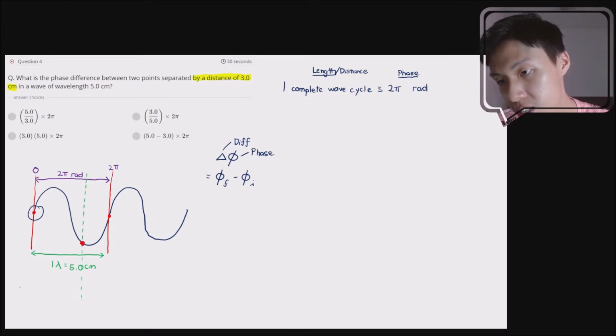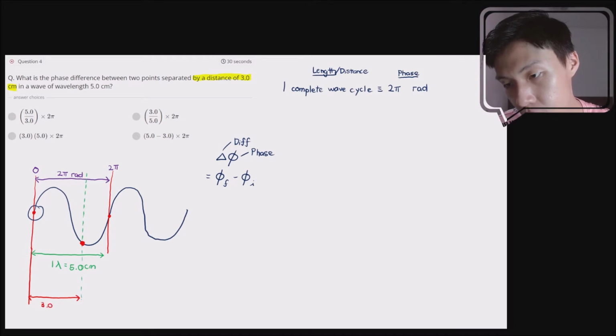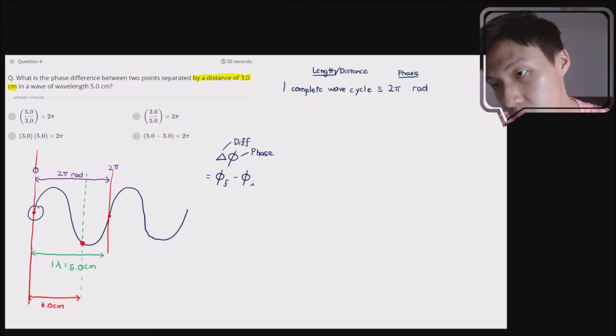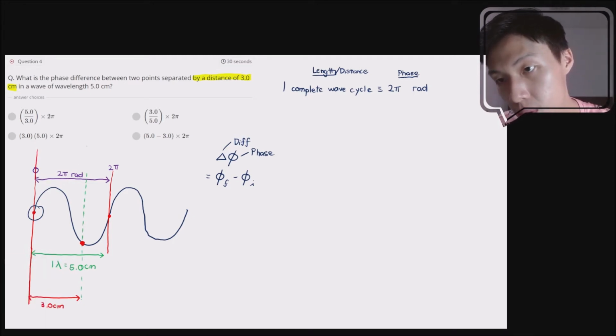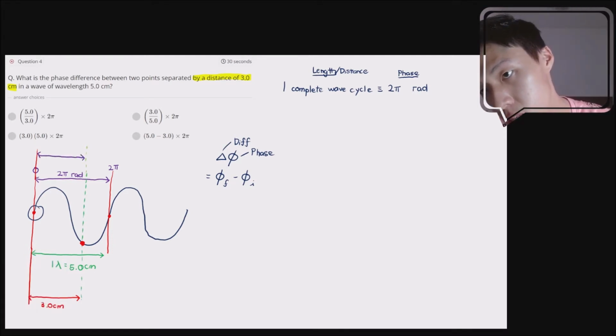In terms of distance, the distance between these 2 points will be 3 cm. But in terms of phase, how much is the phase difference? This is what the question is asking about. This one, phase difference equals how much?